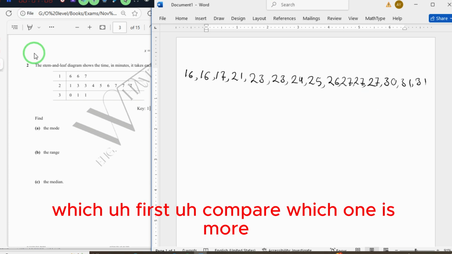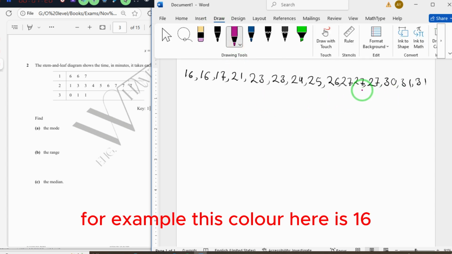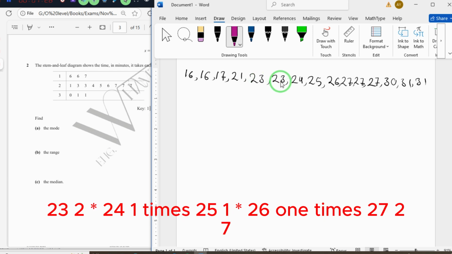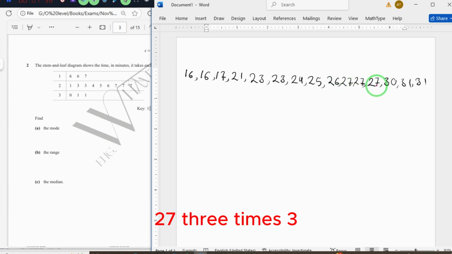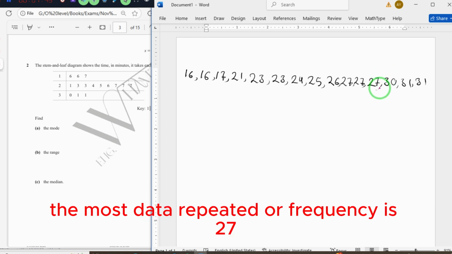Here, 16 appears 2 times, 17 once, 21 once, 23 twice, 24 once, 25 once, 26 once, 27 three times, 30 once and 31 twice.